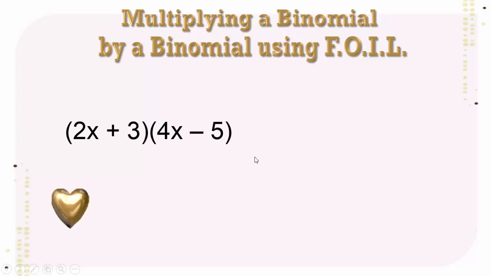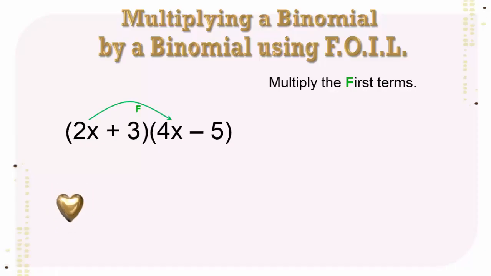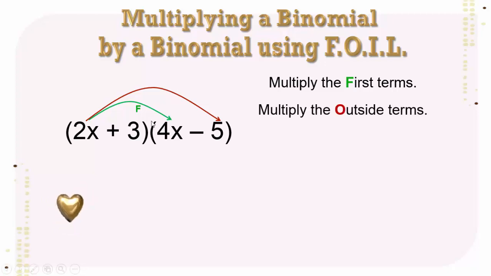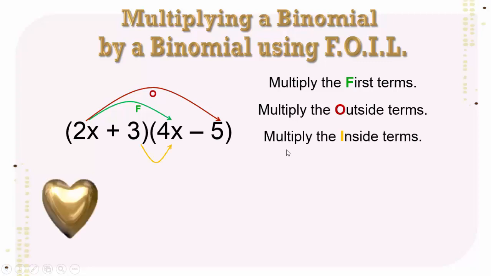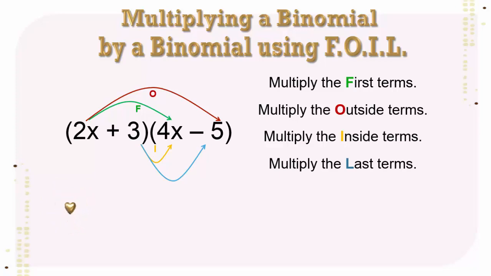One way that we could multiply this is by multiplying the first terms, and that's where we get the F. Then we multiply the outer terms, that's where we get the O. Multiply the inner terms, that's where we get the I. Multiply the last terms, and that's where we get the L for F-O-I-L, or FOIL.